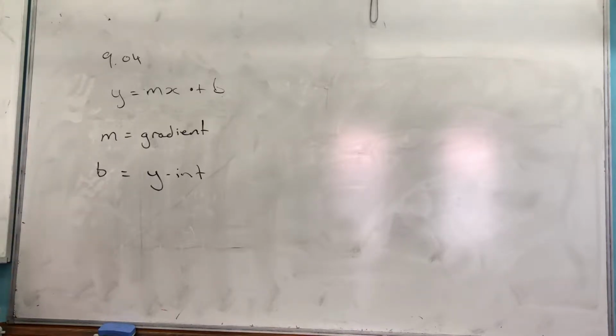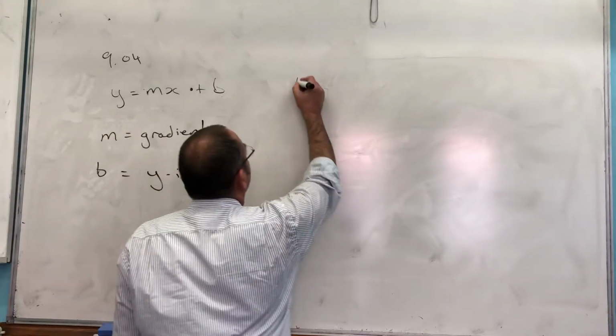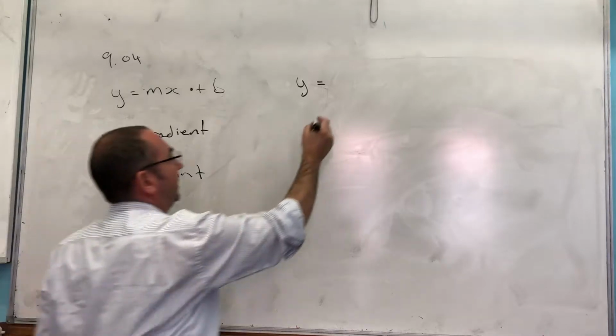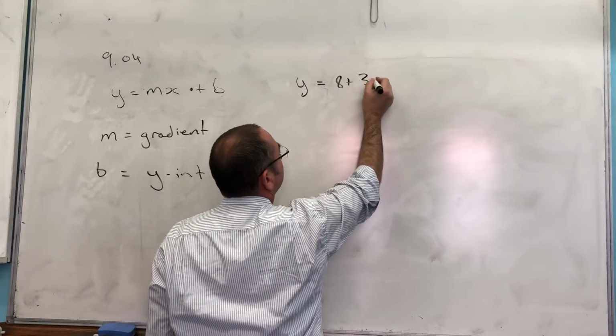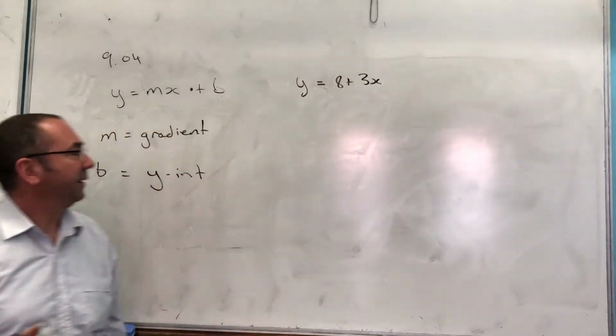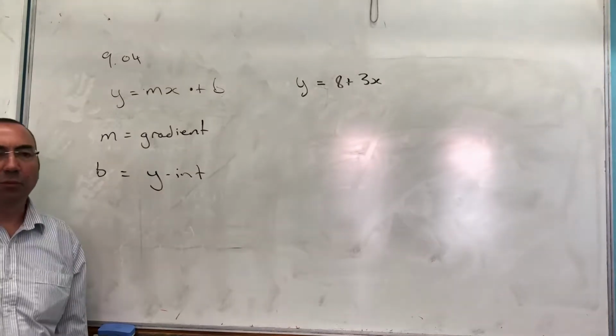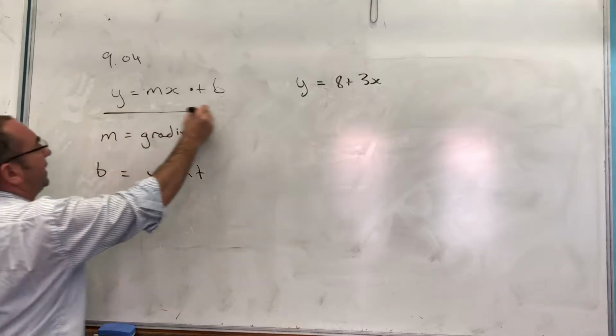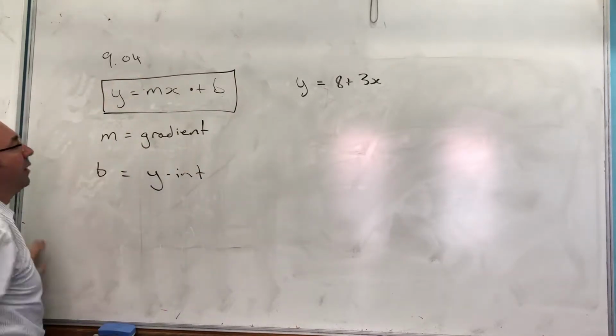So let's play around with this. First of all, it's giving us equations and it wants us to tell us the gradient and the y-intercept. So the first one is y equals 8 plus 3x. The first thing you want to do is rearrange it so it's in that form.